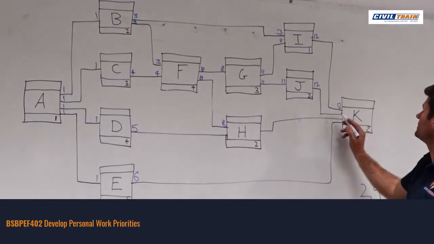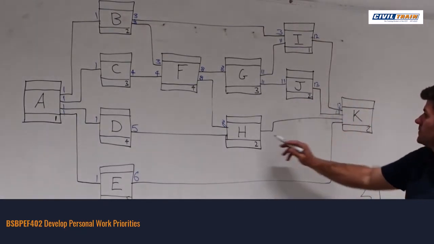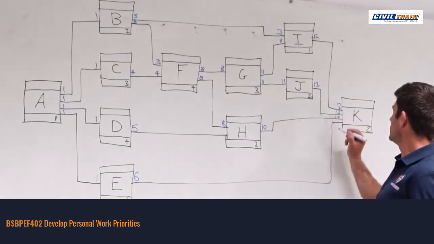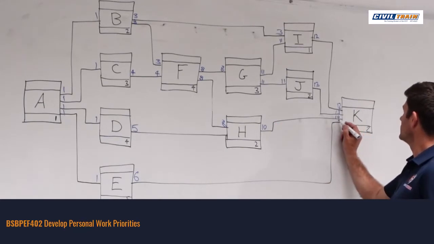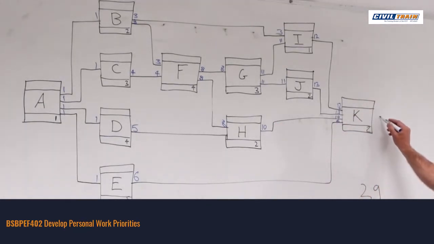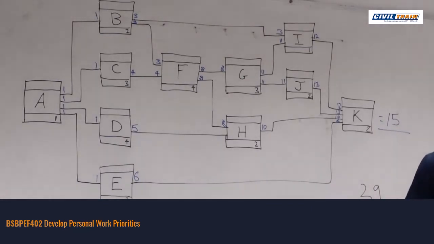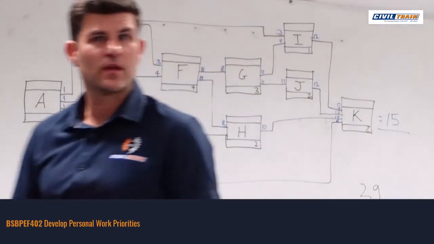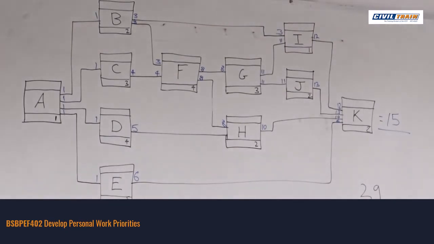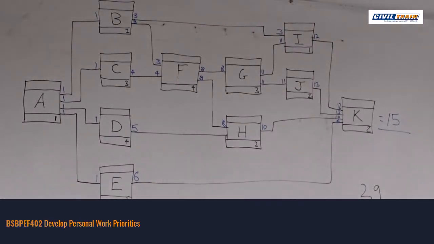I've got 13. I've got 8, I've got a 10 coming out. And I've got a 6. Biggest number there, 13 plus 2. So what I've determined that the completion time frame could be, if everything went to plan, is 15 days.